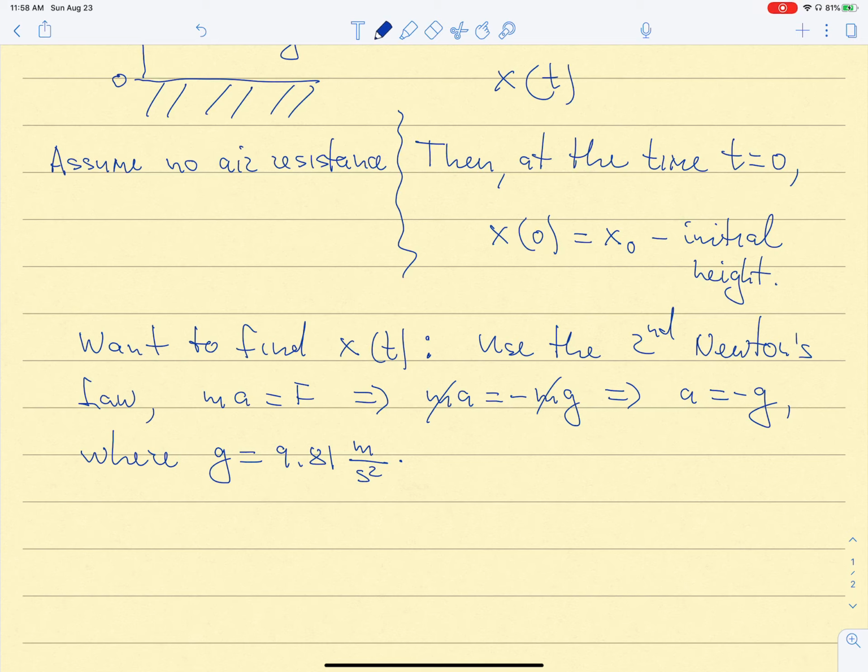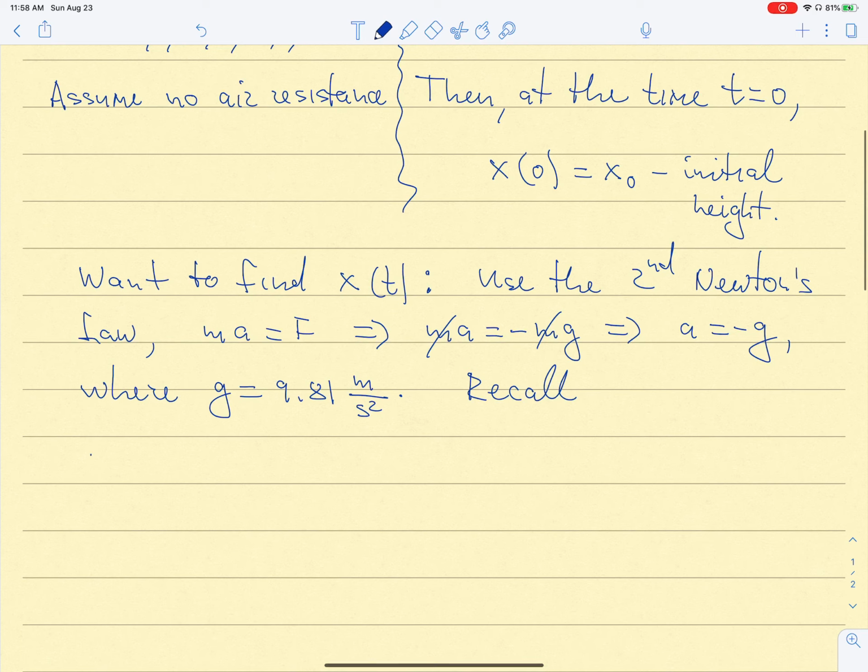And so if I know acceleration, would I be able to find position? So in this case, we need to recall a couple of things. So I'm going to recall that number one, what is the relationship between the position and velocity?